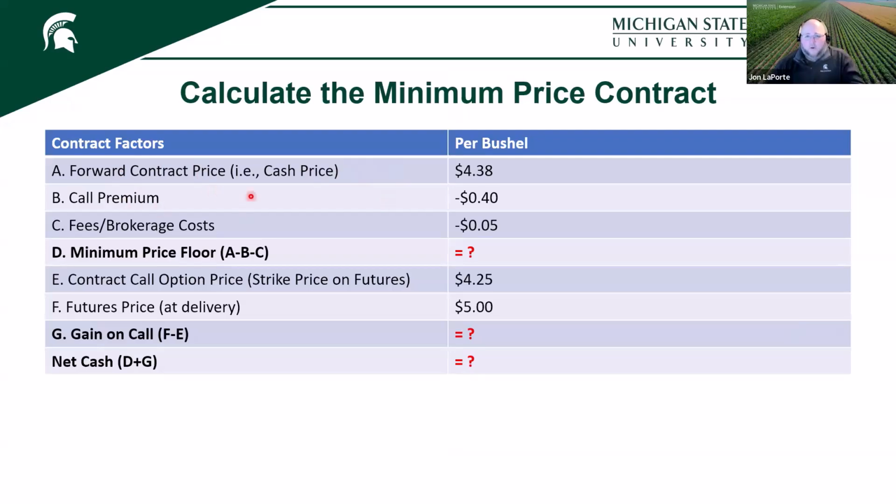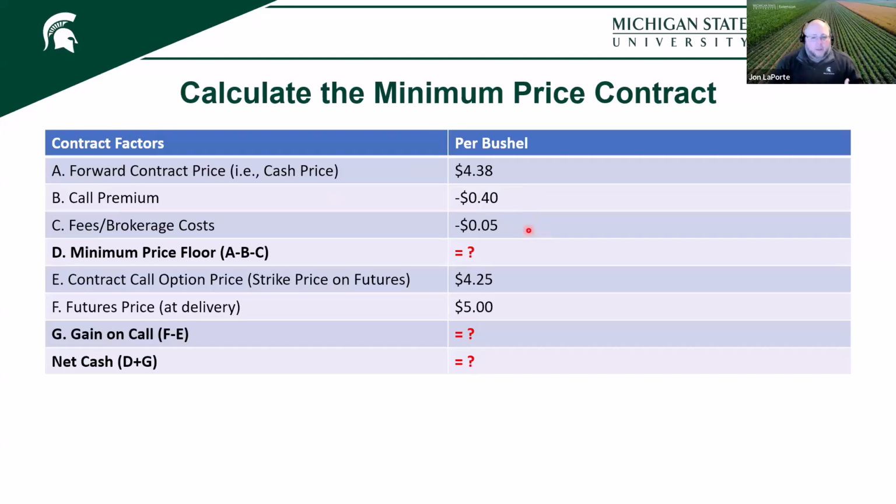I talked about how we've got something similar to a call option premium. In a lot of cases, call options are used in minimum price contracts, and we're looking at a premium in this case of about 40 cents. We still may have an additional fee that the elevator charges on top of it to handle these contracts. So you may technically get two types of fees: a premium and then a usage fee.